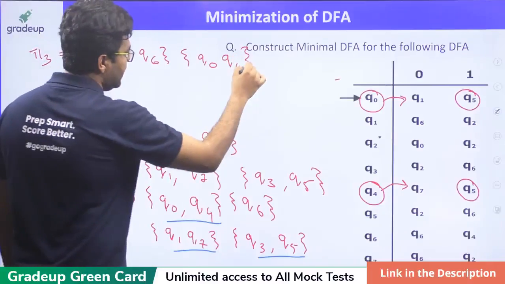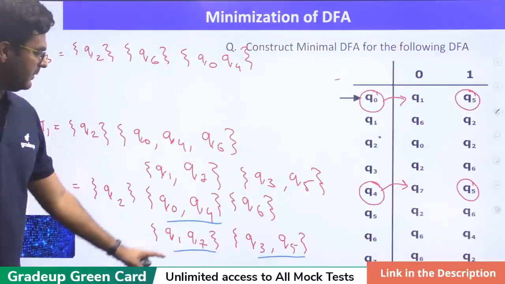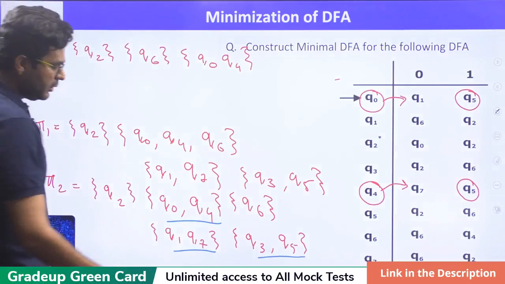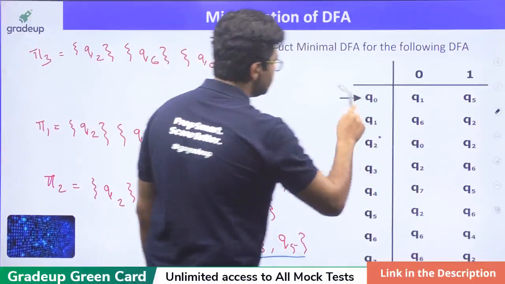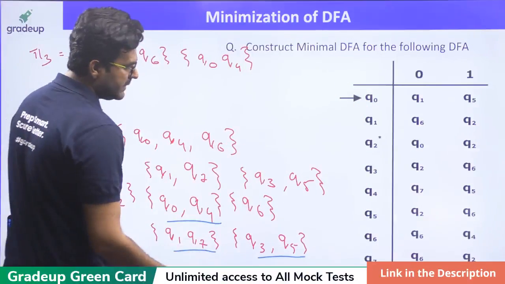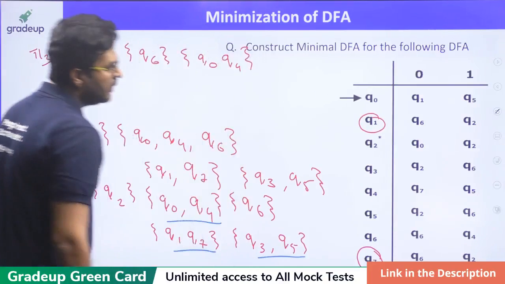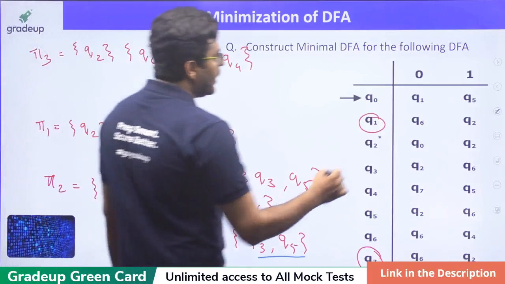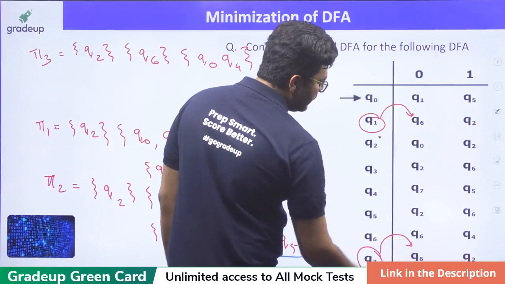Next, we have already written Q6 separately. We need to check for Q1 and Q7. Can we keep Q1 and Q7 together now? Let me circle it out so that it can be visible properly. At Q1, after analyzing 0, we are going to Q6 state. Here we are also going to Q6 state.